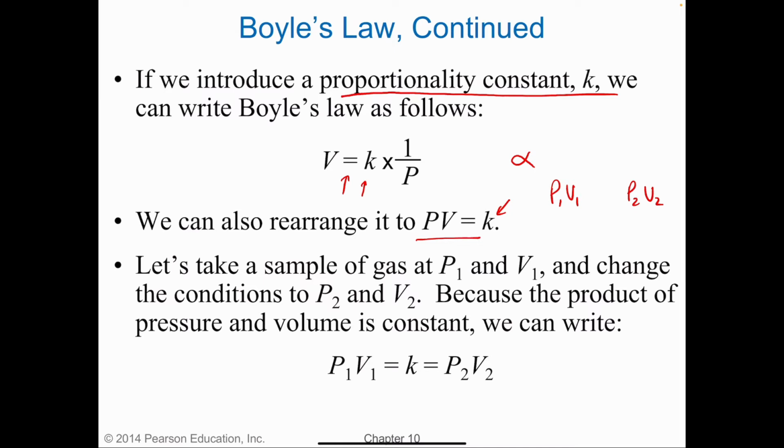Since the pressure and volume for a specific sample of gas at a given temperature must always equal this K, we can set these equal to each other. So Boyle's law is P1 V1 equals P2 V2. The pressure times the volume before a change equals the pressure times the volume after that change.